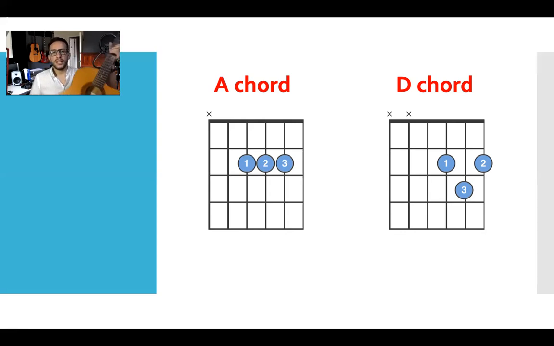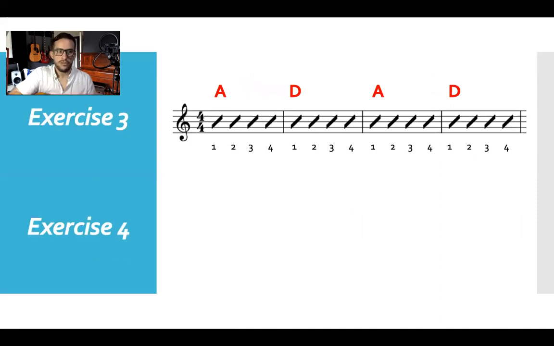Okay, and for the exercises, you're going to do the exact same exercises that we did with C and G, but now we're going to do it with A and D. So the first exercise will sound like this. 1, 2, 3, and 1, 2, 3, 4. 1, 2, 3, 4. 1, 2, 3, 4. 1, 2, 3, and 4.